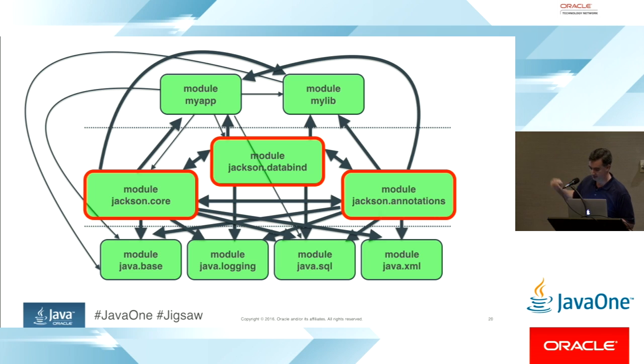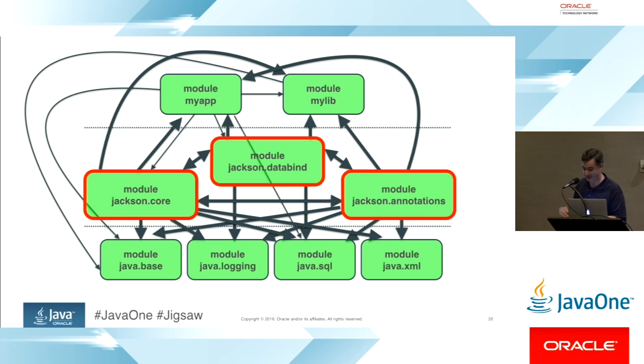So let's come back to the module graph. It is pretty messy, but it's better than when everything was a jar on the class path. And by the way, because myapp is now exporting what it needs to, that arrow that says data bind is going to require implicitly myapp, there's that, and then there's the export from myapp because it's a weak module, and all the reflection from data bind will just work.